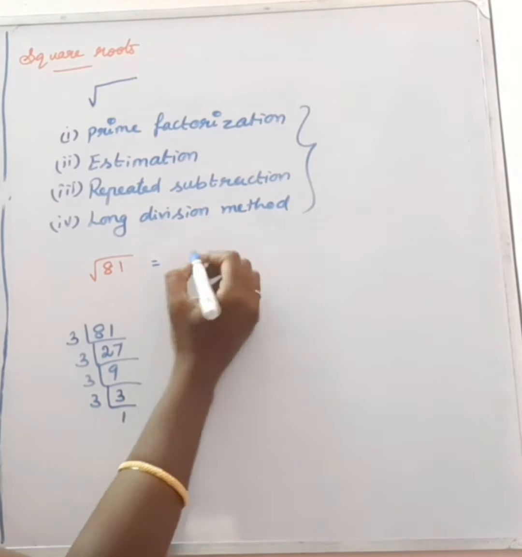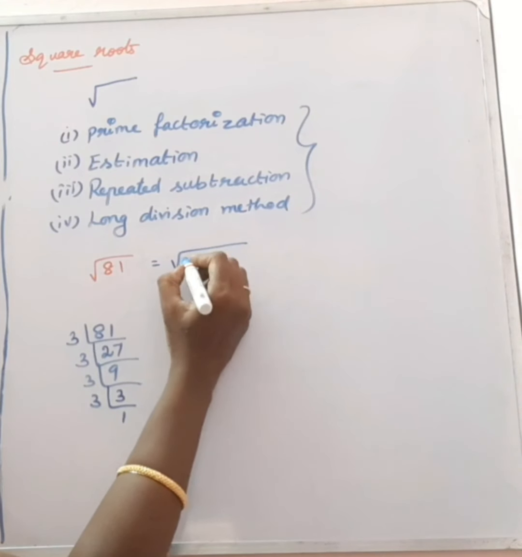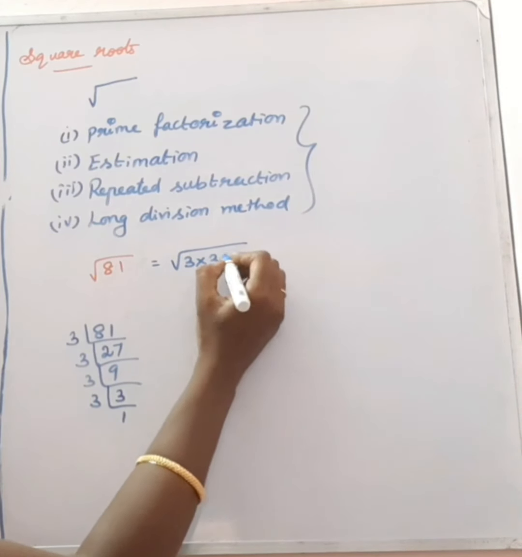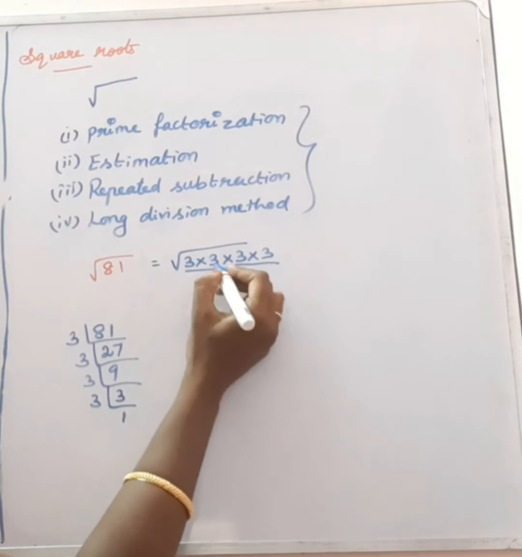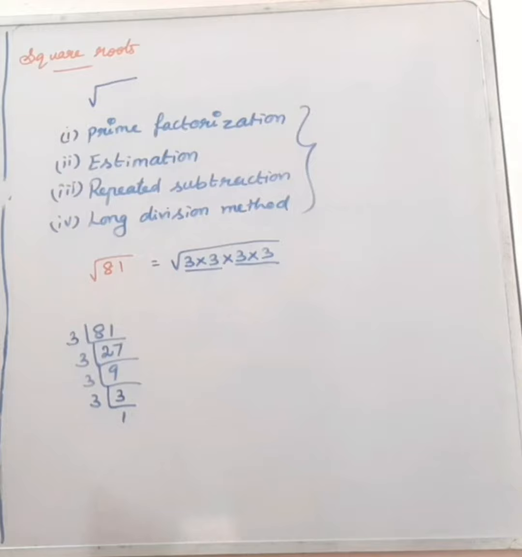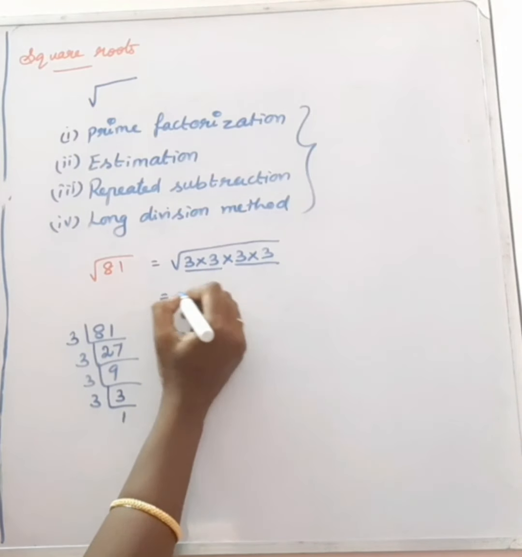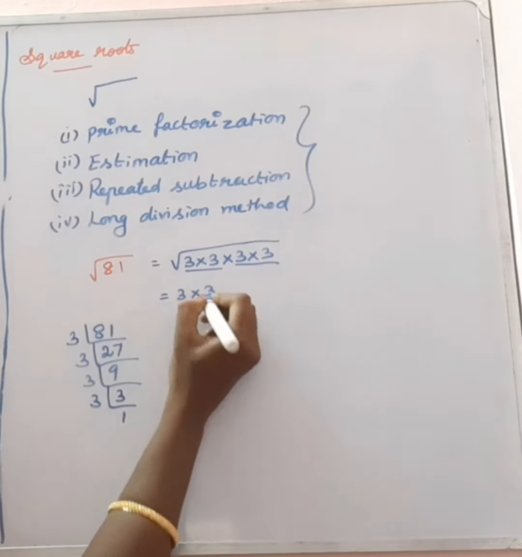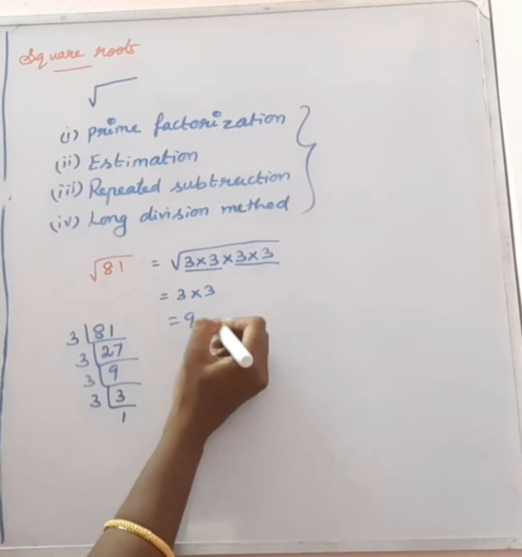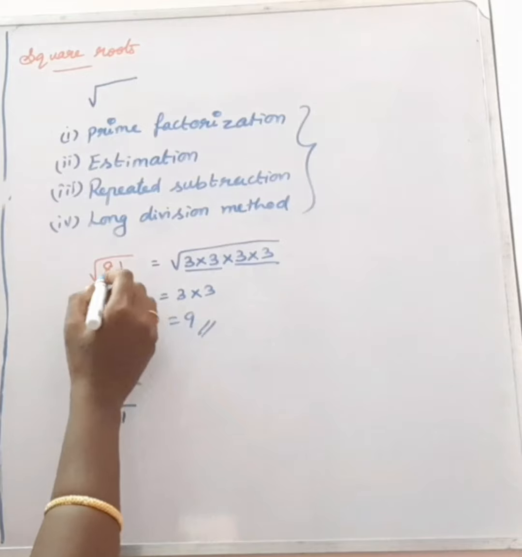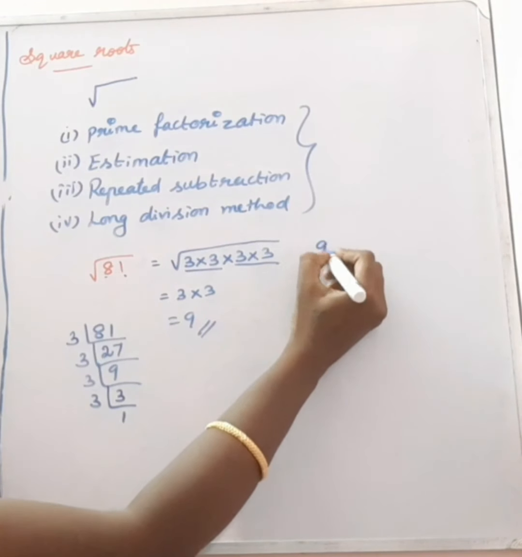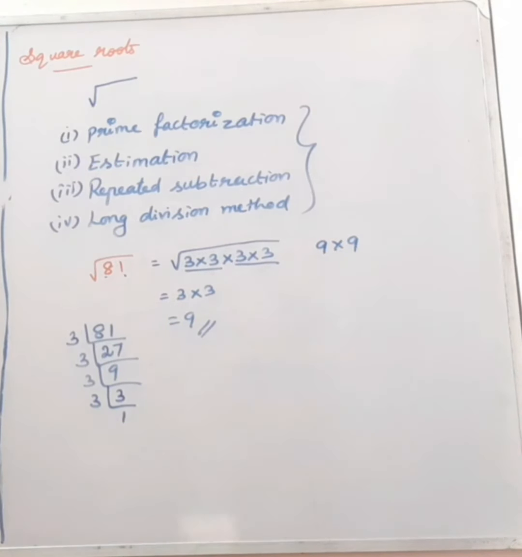So what are the factors we have here? Square root of 3 into 3 into 3 into 3. We take them as pairs and take one from each pair outside. So we get 3 into 3, which is equal to 9. For this we have the answer 9, since 9 nines are 81.